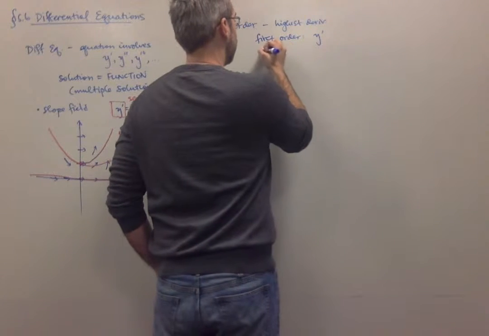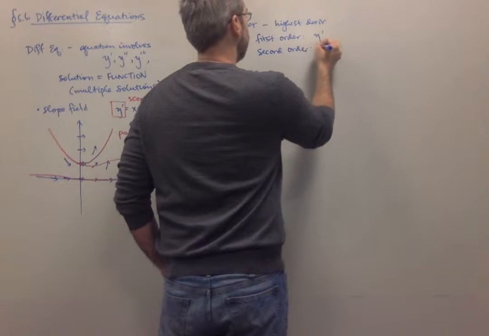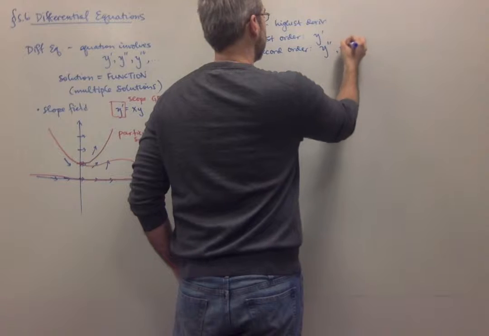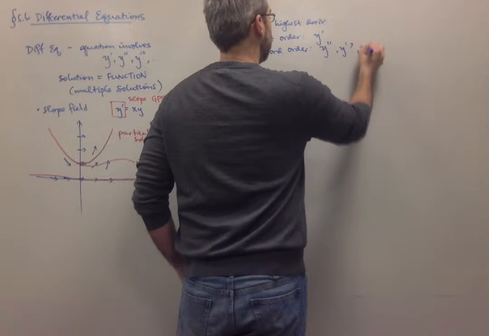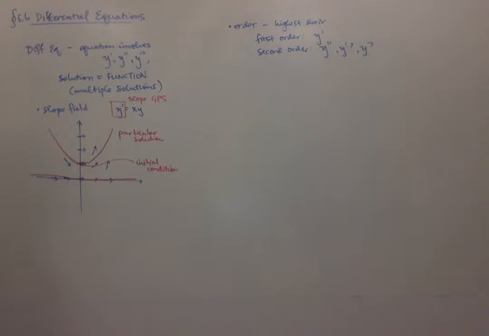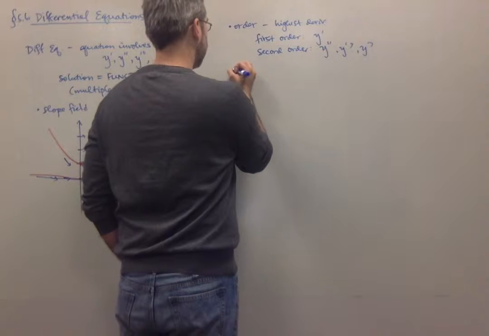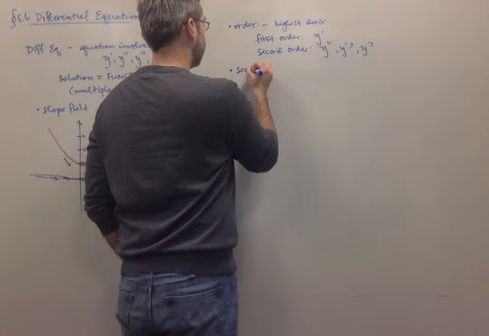It just involves y prime. Second order involves y double prime. It could involve y prime, and it could involve y, but it has to involve y double prime.